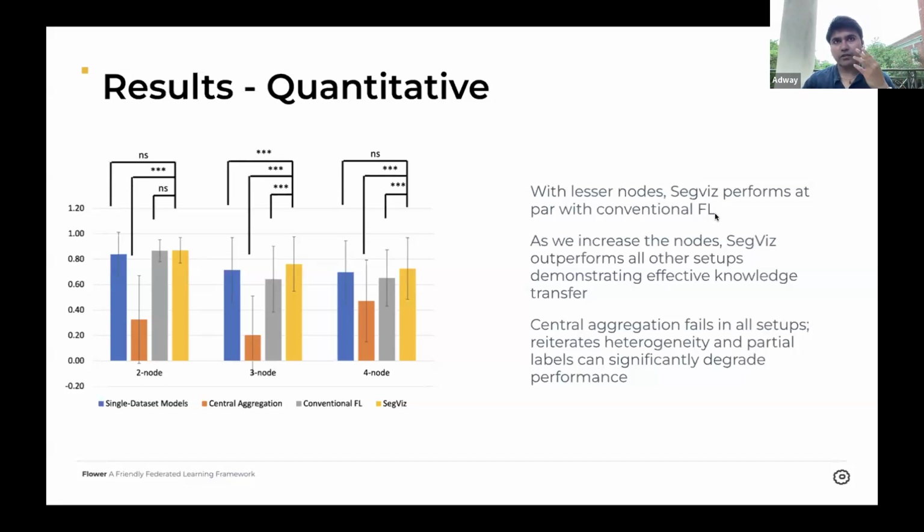This is really powerful, because as you increase the number of clients, the selective weight aggregation allows for stronger knowledge transfer, which leads to better results. And again, central aggregation fails in this setup because your data is so heterogeneous that the partial labels degrade the performance significantly.